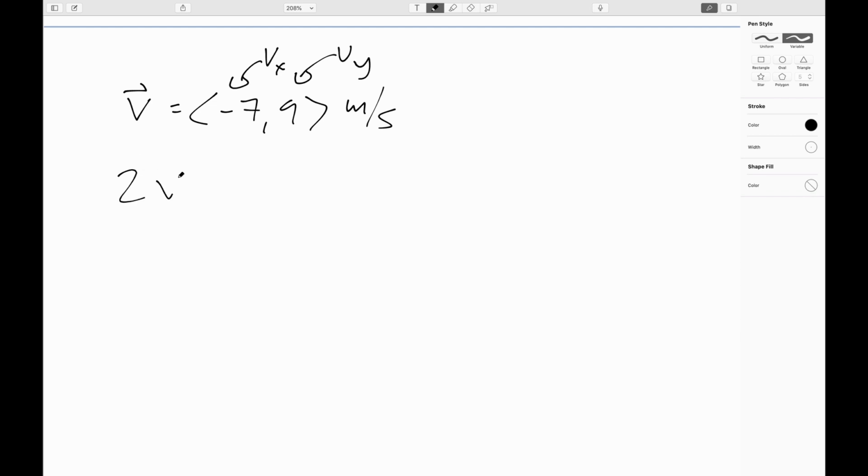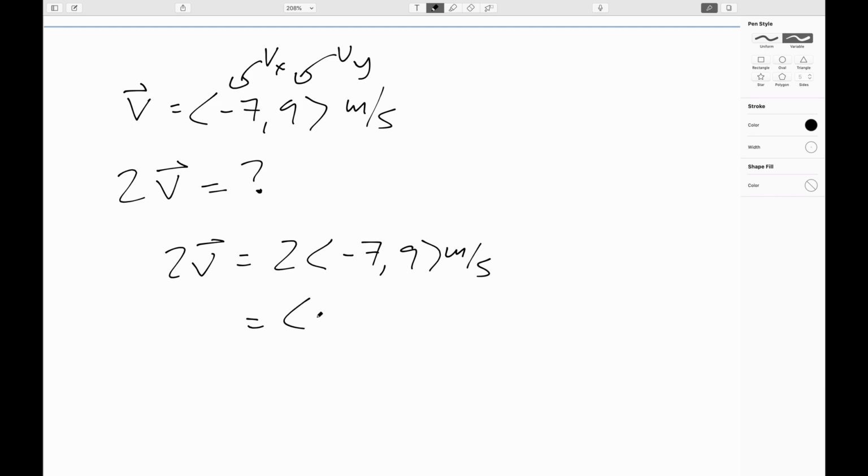Okay, so let's say we are told that something is going at twice the velocity of that. How would we find that? It turns out that scalar multiplication distributes across all the slots. So this would be 2 times -7, 9 meters per second. Well, 2 times -7 is -14, and 2 times 9 is 18 meters per second. So that would be the velocity of my thing going twice as fast.